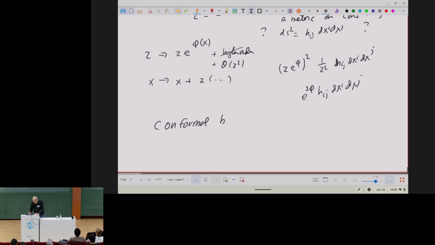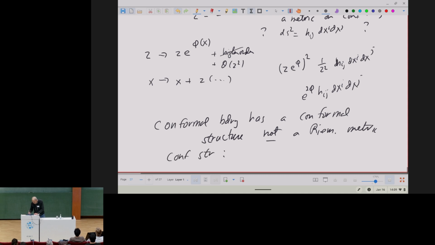The conformal boundary has a conformal structure, not a Riemannian metric. Conformal structure is defined to mean Riemannian metric up to Weyl rescaling. So an asymptotically AdS manifold has not an ordinary boundary which would have a metric. It has a conformal boundary that has a conformal metric.